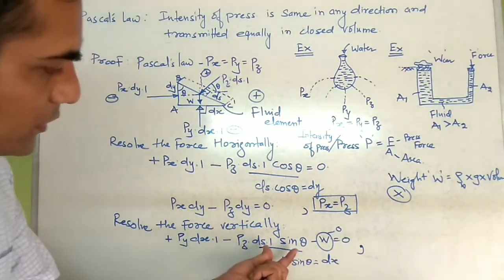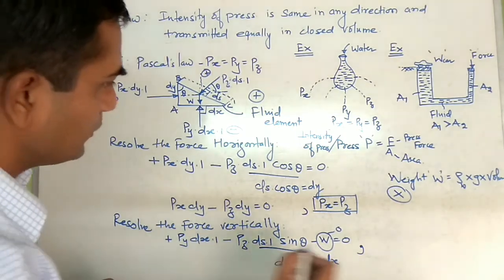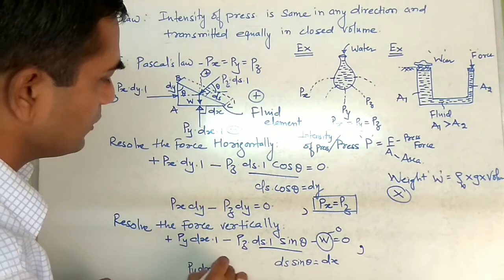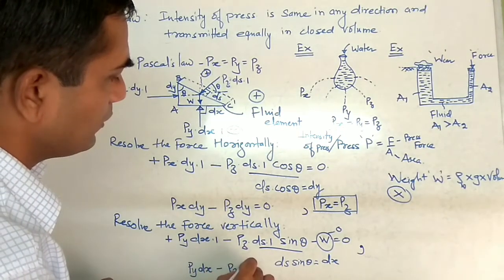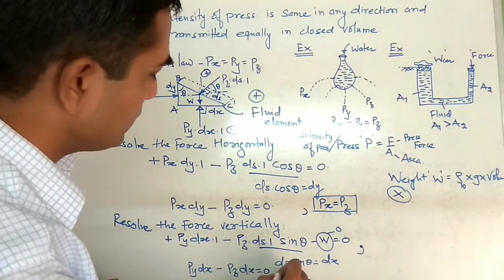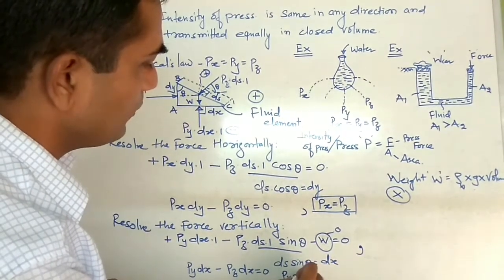So instead of ds sine theta, here you are going to write dx, so Py dx minus Pz dx is equal to 0, and at the last, that is Py is equal to Pz.